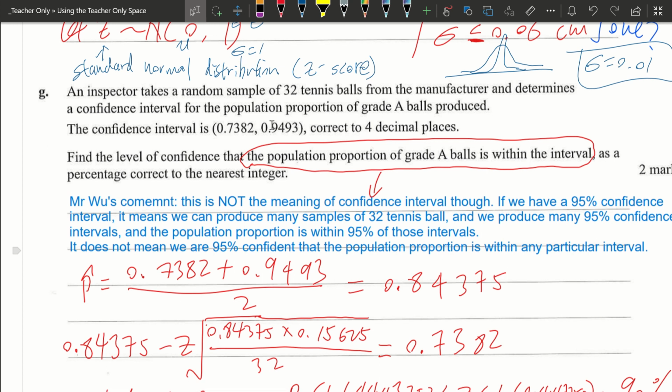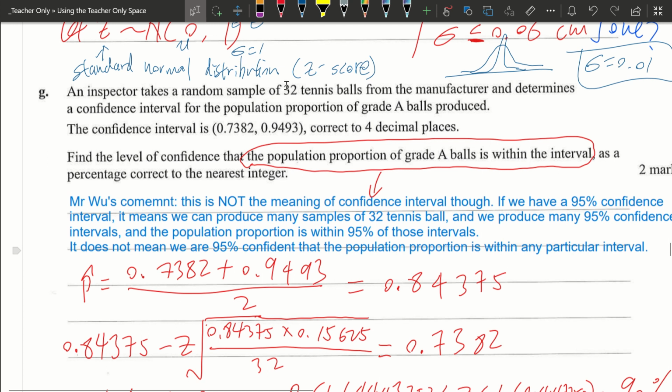We can't say that. You cannot get a proportion number and then say, I'm 95% confident that this true population proportion is within this range. It doesn't work like that.